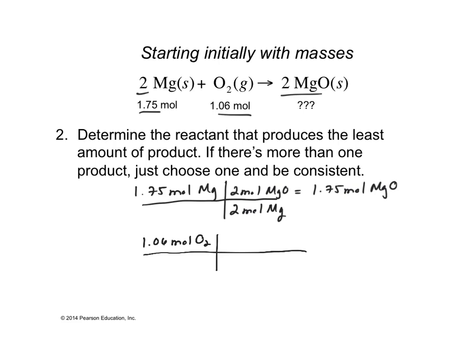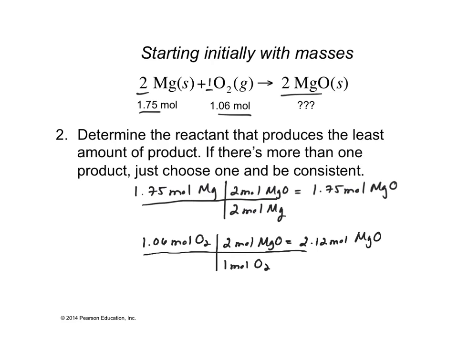How many oxygens do we use in this reaction? 1, so we use 1 mole of O2 because there's a 1 in front. How many MgOs do we make in the process? 2. So 2 moles of MgO. So I'm going to divide by 1, multiply by 2. That's going to give me 2.12 moles of MgO.